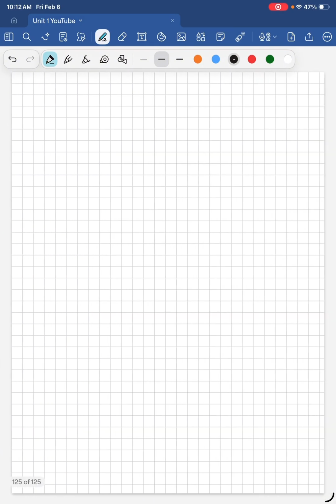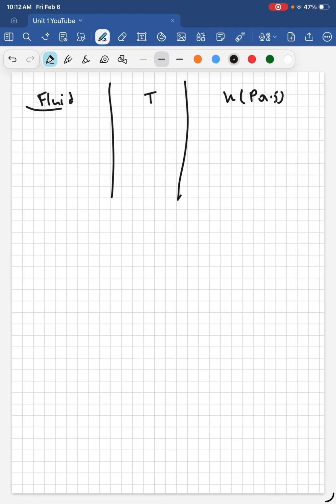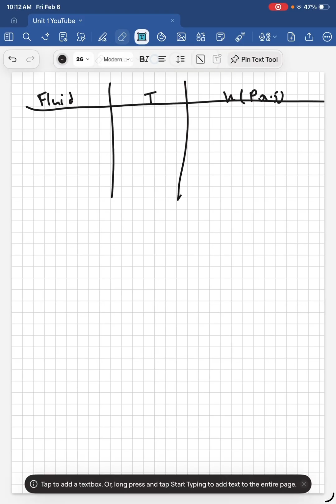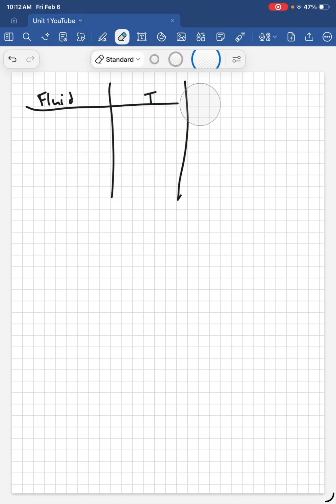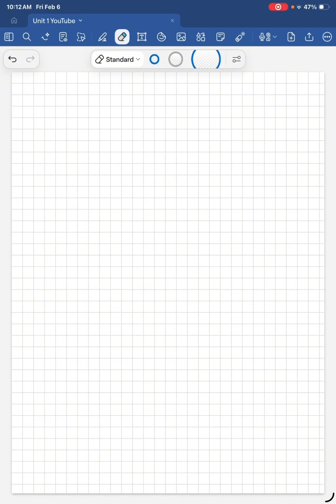I'm going to give you a table of fluids and their viscosity, so you have a reference. So fluid, we're going to also include the temperature, and then eta in pascals times seconds. I have to erase this because it doesn't look good. Sorry.